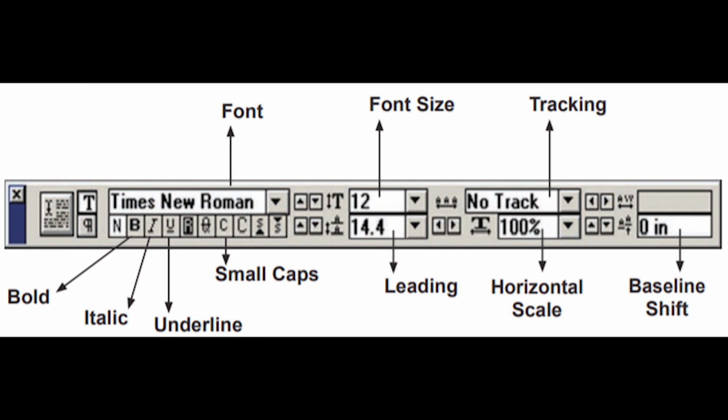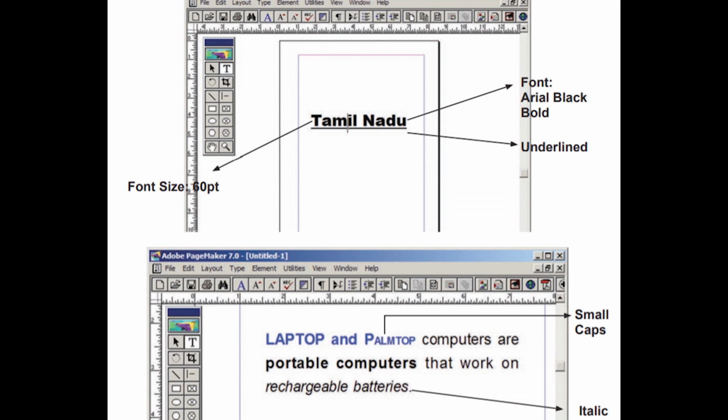And then here we can see a text called Tamil Nadu. Here the size of the font is 60 points, and the font style is Arial Black and it is underlined. And we can format a single word also. If you see here, laptop and palmtop are displayed in blue color and the other things are in black color, right?